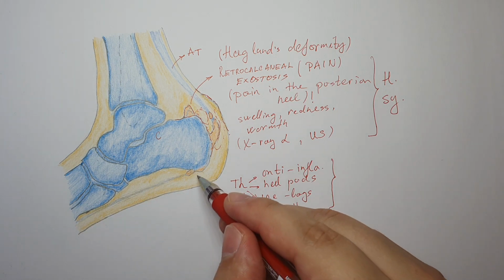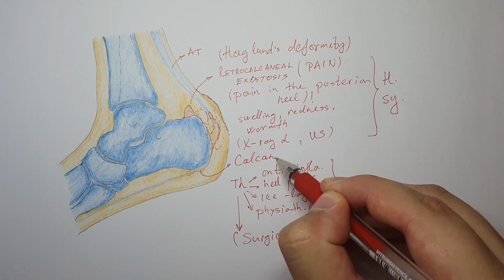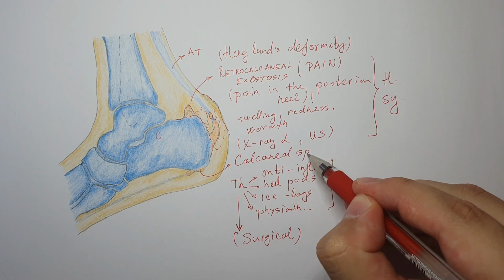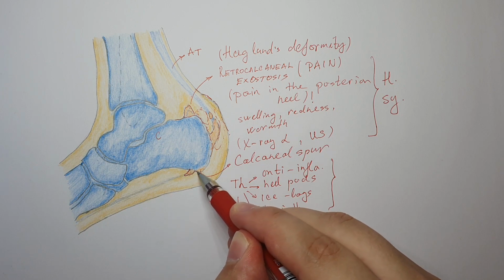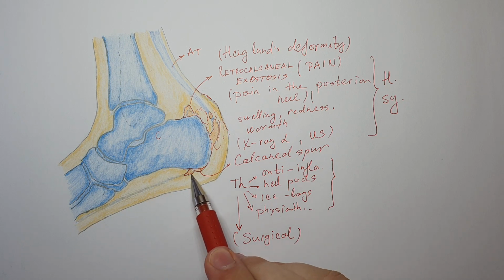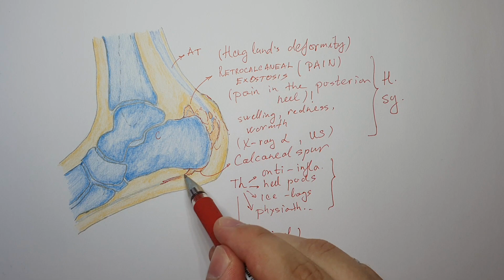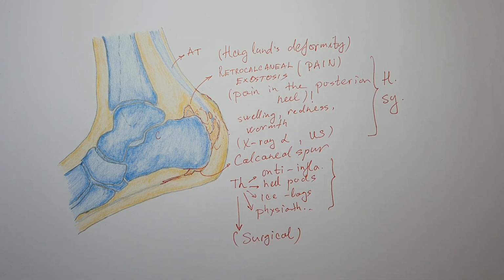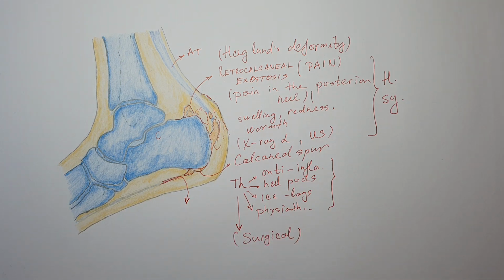But there is also the calcaneal spur, and the calcaneal spur is actually present in the posterior inferior part of the calcaneus, and it is connected with the plantar fascia. And people say that this spur has a lot to do with plantar fasciitis.